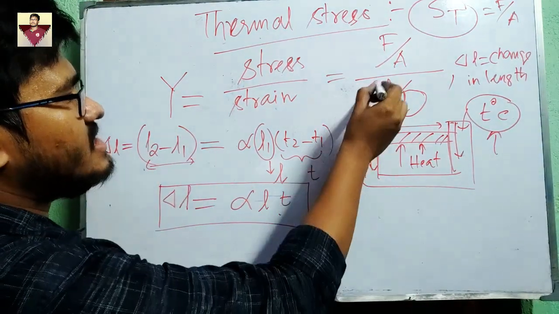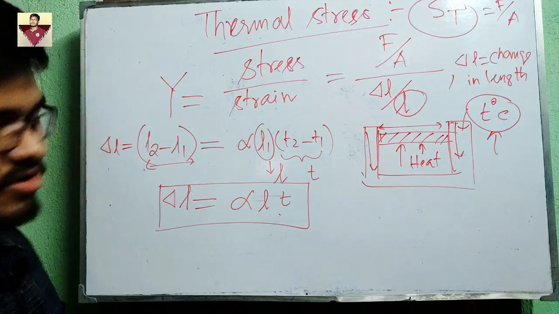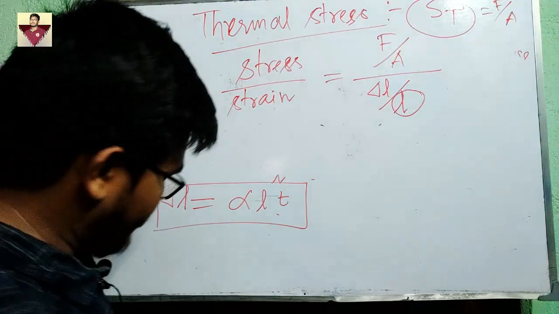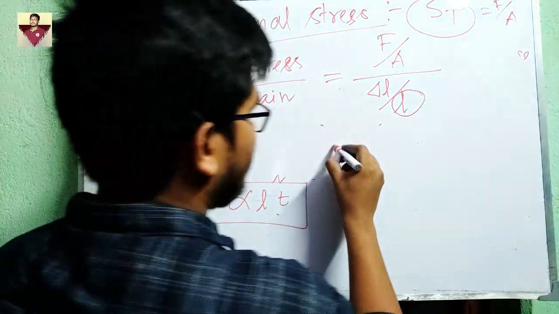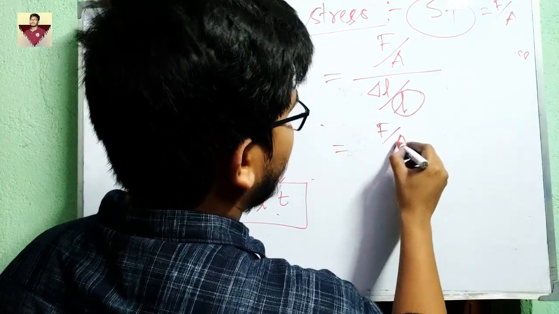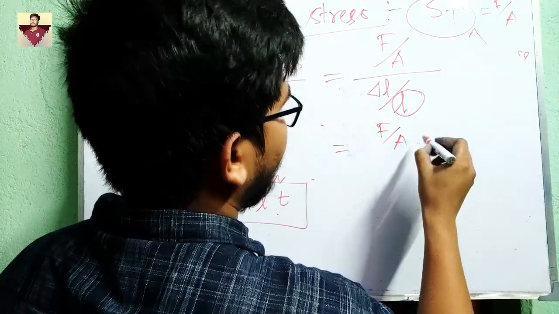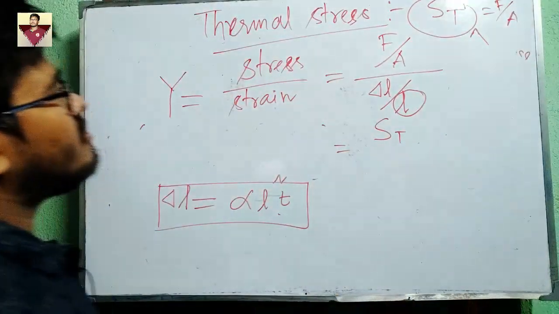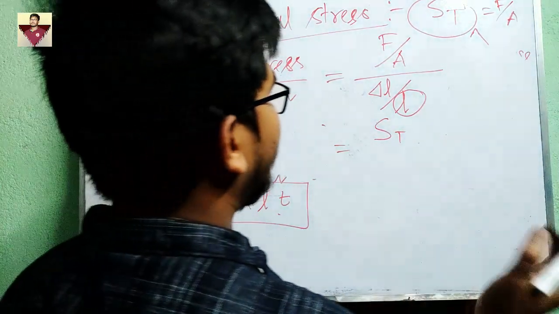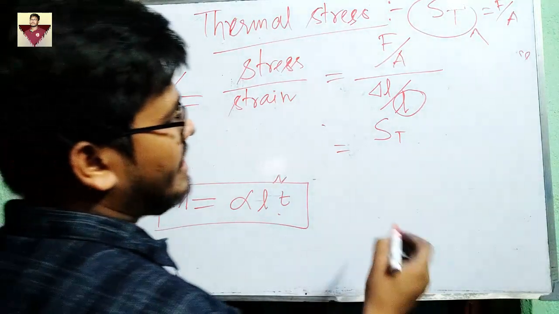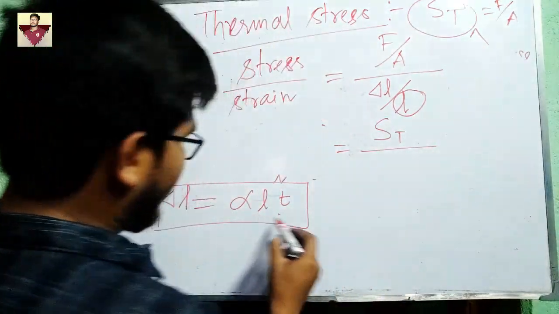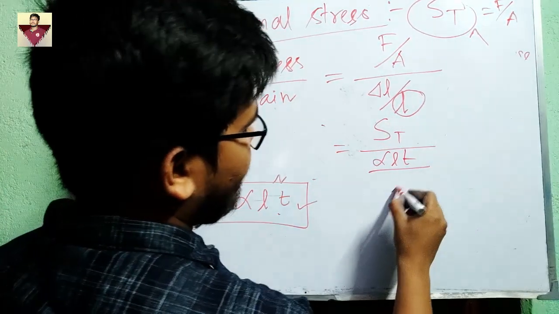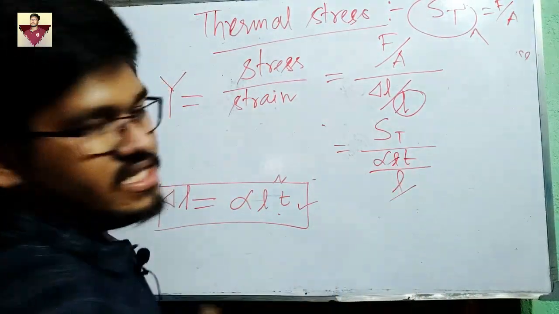Now I can put this in the Young modulus equation. I will substitute this ΔL there. Here F by A, which I am denoting as ST, is the thermal stress. So ST equals Y times α L T divided by L. This L and L will get cancelled out.